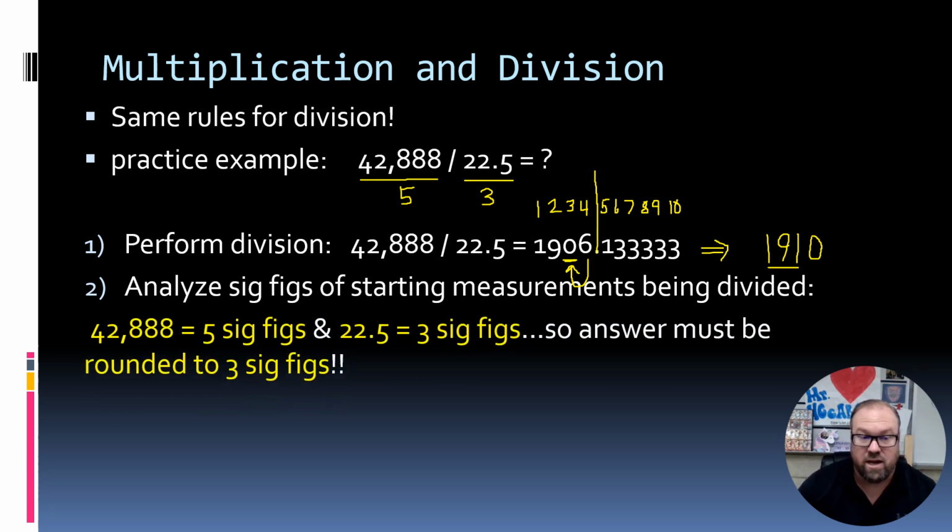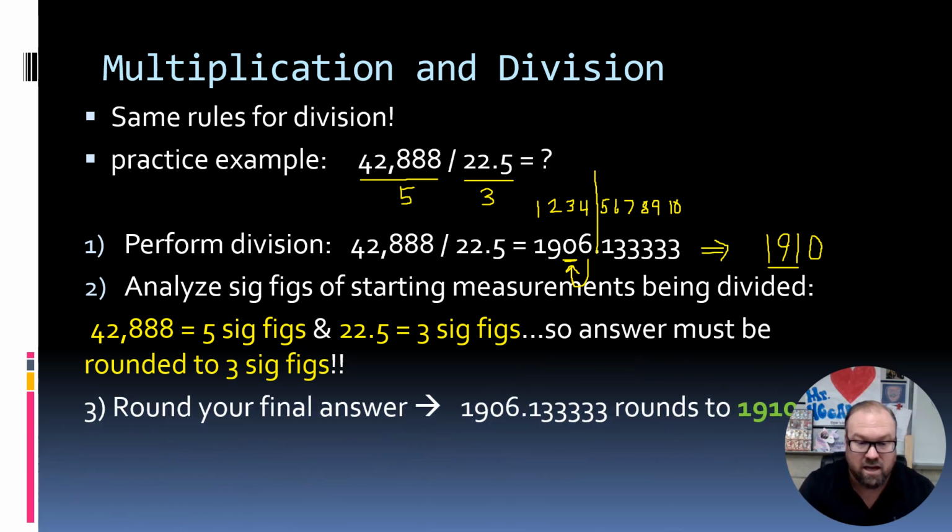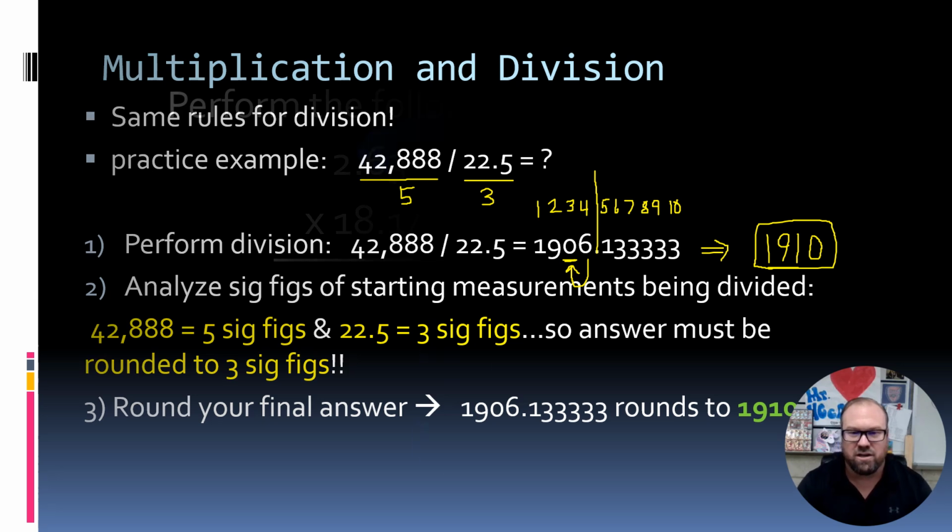So 42,888 was 5 sig figs, while 22.5 was 3 sig figs. So the answer must be rounded to the third sig fig in whatever the outcome in the calculator is. Okay, we round our final answer and it cut it off a little bit. So it should be 1,910 with no decimal point. Remember, you can't just throw a decimal point out there without thinking about the significance of the decimal point.